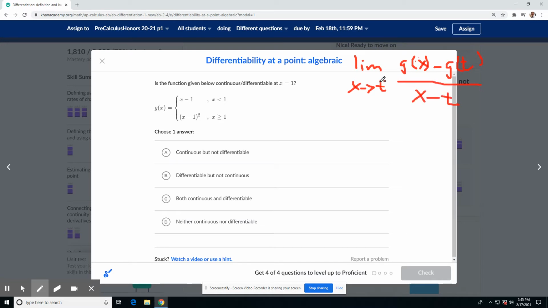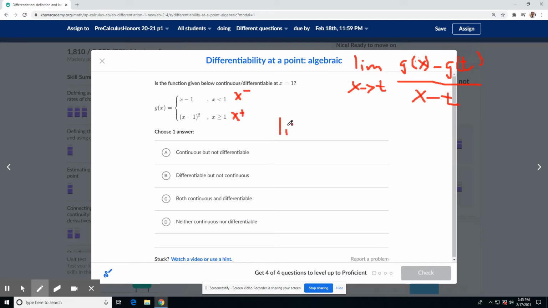We want to do this from both sides, right? From the positive and negative side. And so like I said, this is our x from the negative side. This is our x greater than 1. This is x from the positive side, just to make sure everything links together.